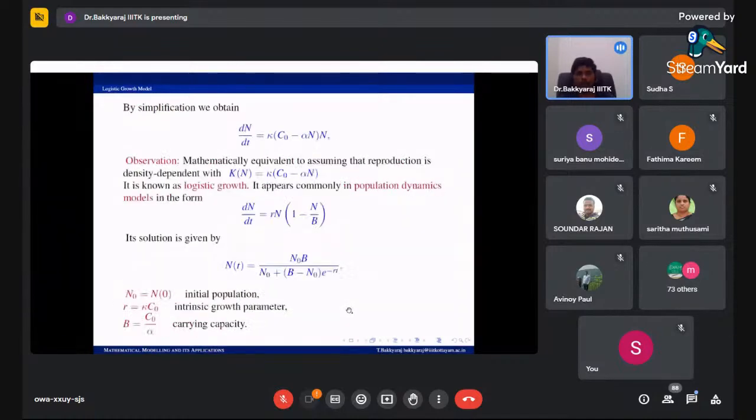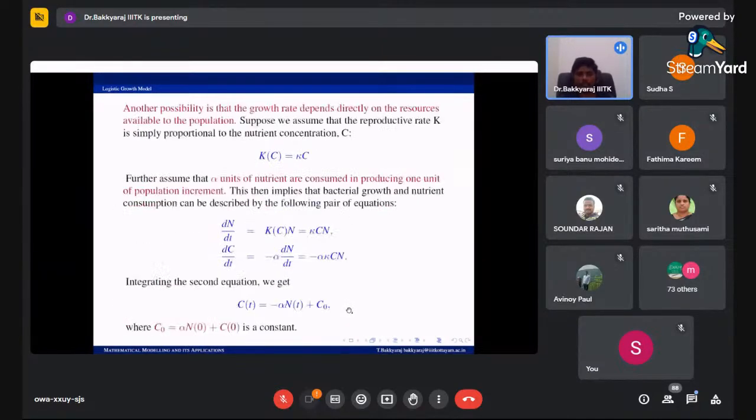Now you can resubstitute this C(t) in the original equation. Integrating this second equation, you will get C naught, which is the initial condition. Now you substitute the food concentration in the first equation. Up to this point it is a linear equation, yes or no?